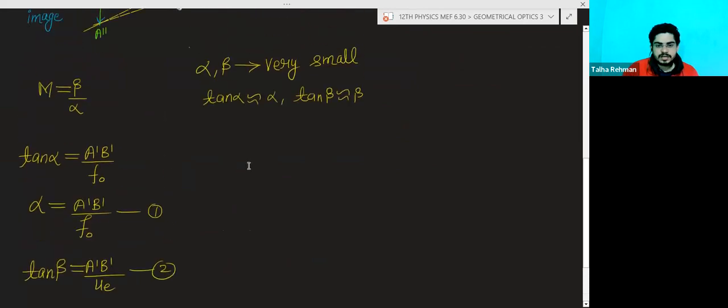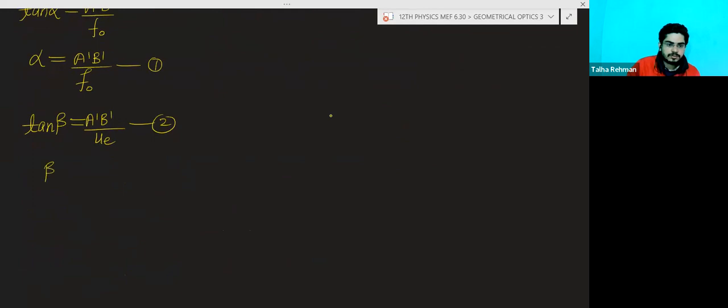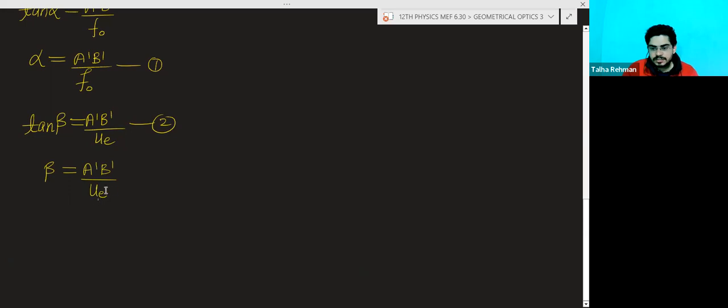And tan beta you can write as beta because alpha and beta are very small. So you will have beta is equal to A dash B dash divided by UE. UE is the object distance for the eyepiece lens.